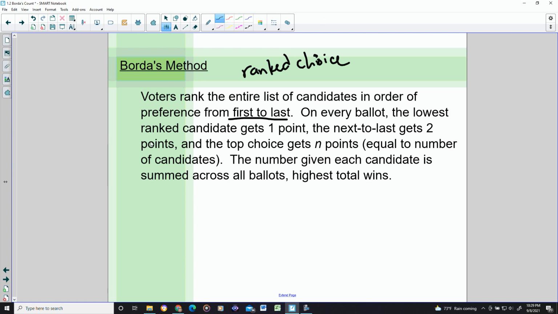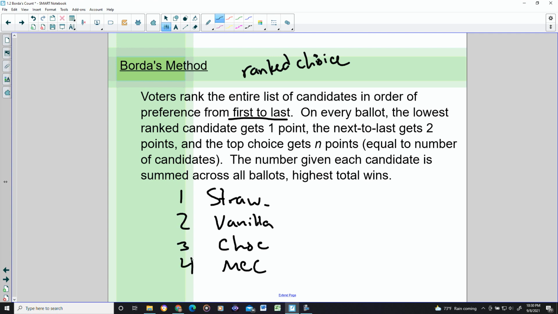Okay, now this can get a little bit wacky, right? So picture this. Suppose that on a ballot, let's say we go back and we do our strawberry, our vanilla, our chocolate, and our mint chocolate chip. And let's say we said in order 1, 2, 3, 4.